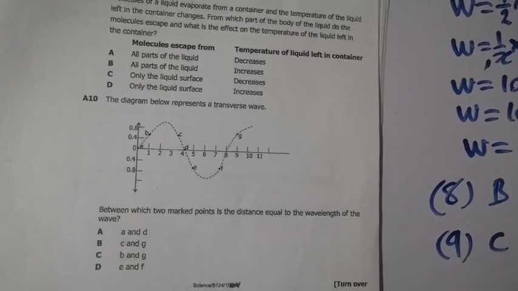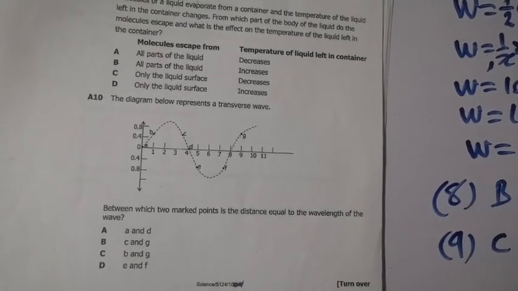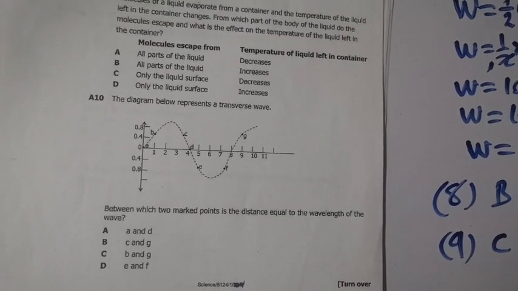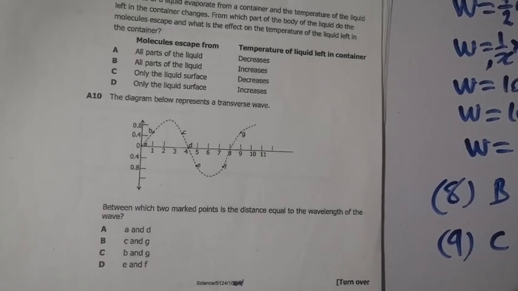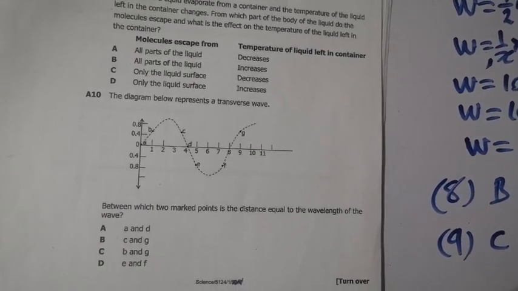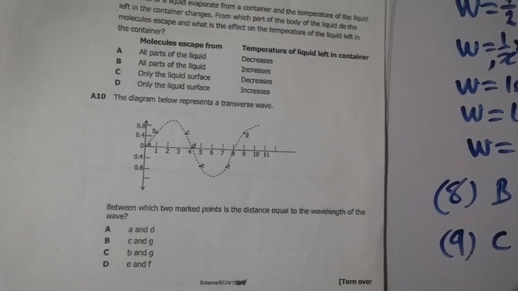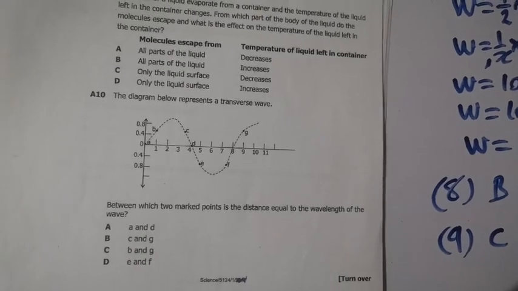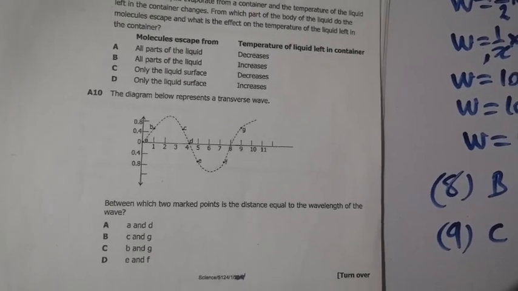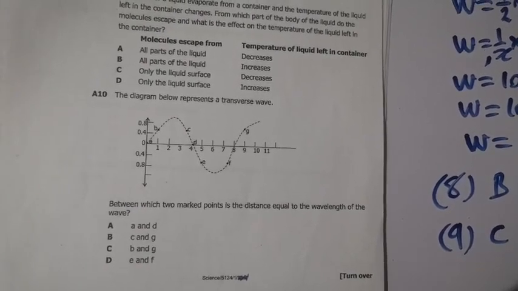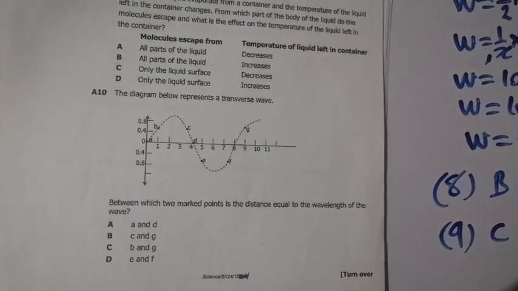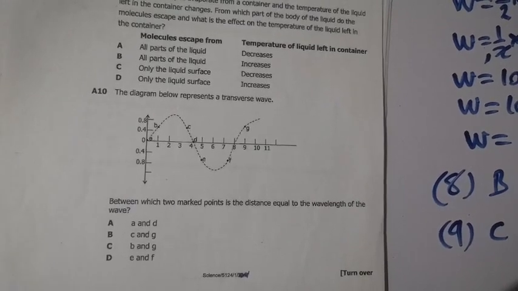So what we should know is that transverse waves are waves where particles vibrate perpendicular to the direction of the wave. Then wavelength is the distance at which the wave repeats itself.